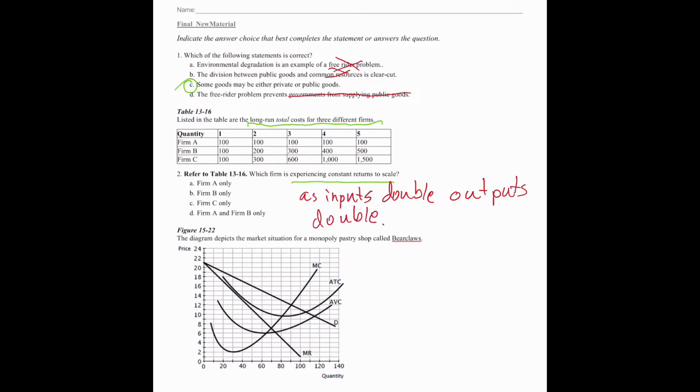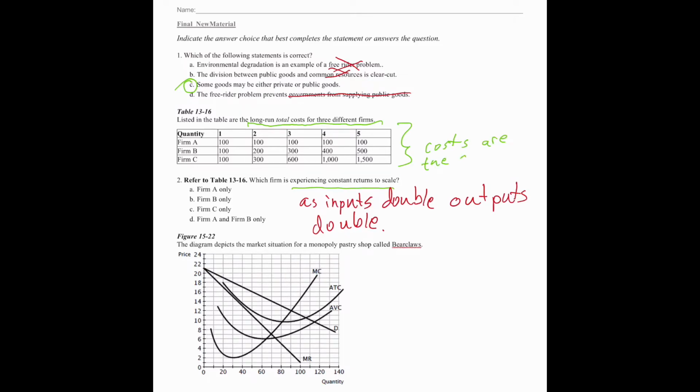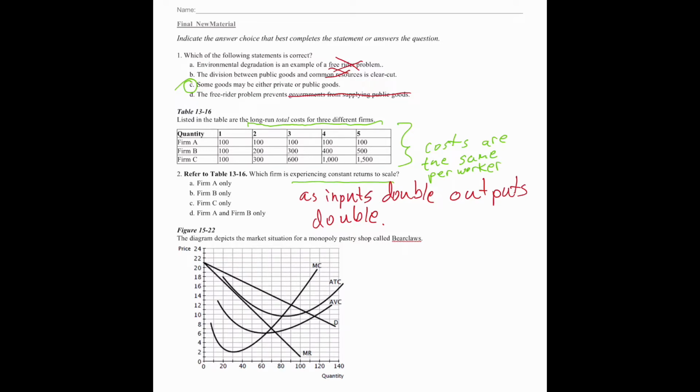And here we're going to assume that the cost that these firms are experiencing are the same for each worker, or whatever else they need to produce.